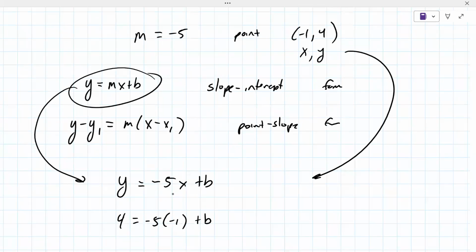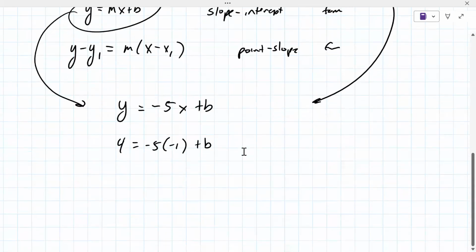Could you solve that for b for us, please? Okay, it's 4 equals 5 plus b. Okay, very good. And what does b equal? -1. Yes, b is -1.